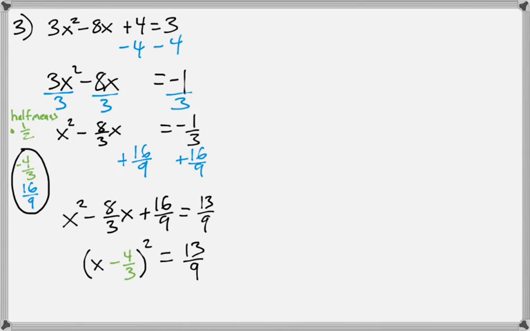Okay, so then I want to take the square root of both sides, and that's going to eliminate the square. And this is going to be plus or minus the square root of 13/9.